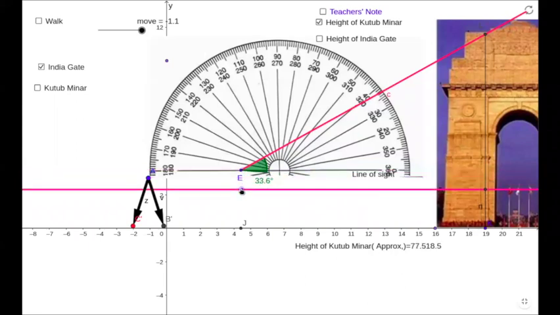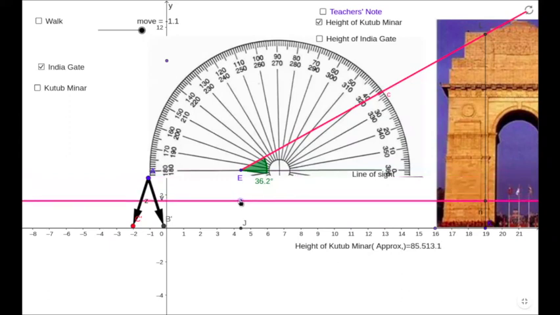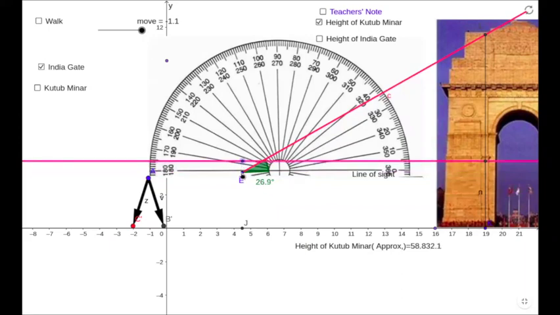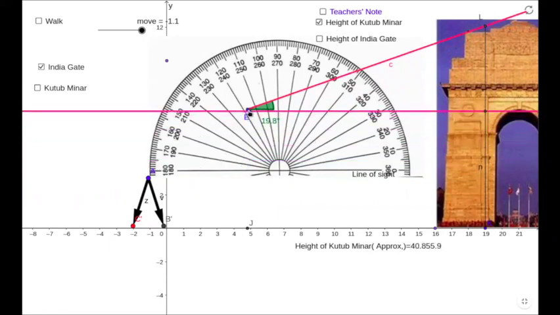What happens if I decrease this height? Definitely angle increases, right? So as I increase this height, this angle of elevation definitely decreases. Suppose I take it up to that height. Let me verify. Is it right?